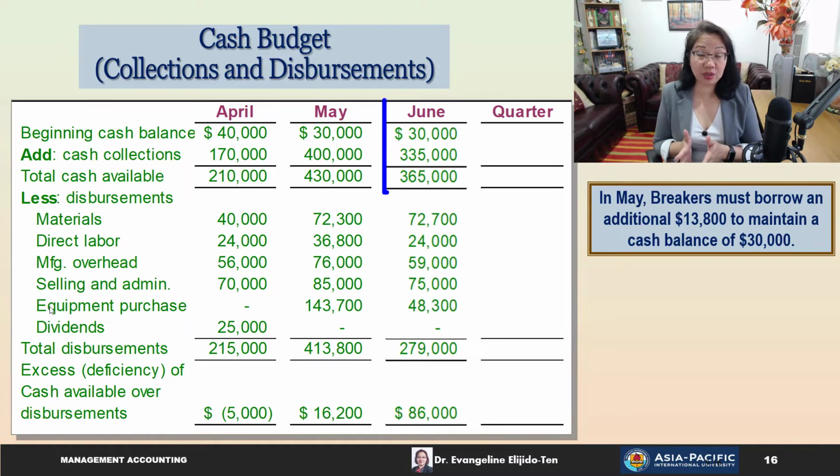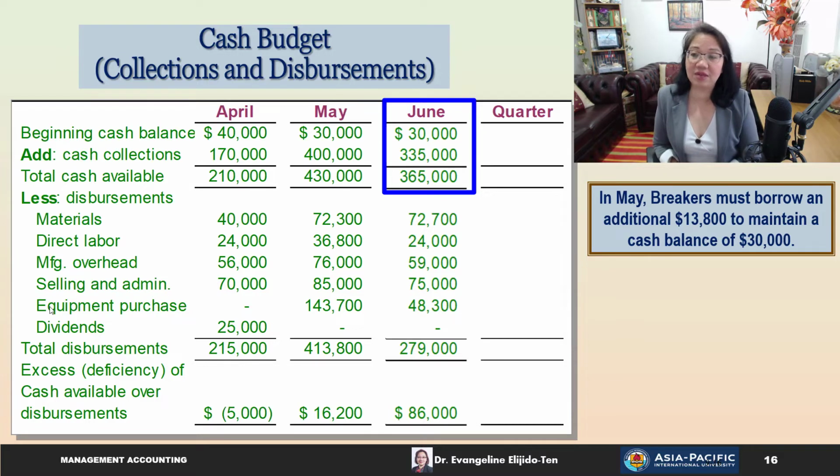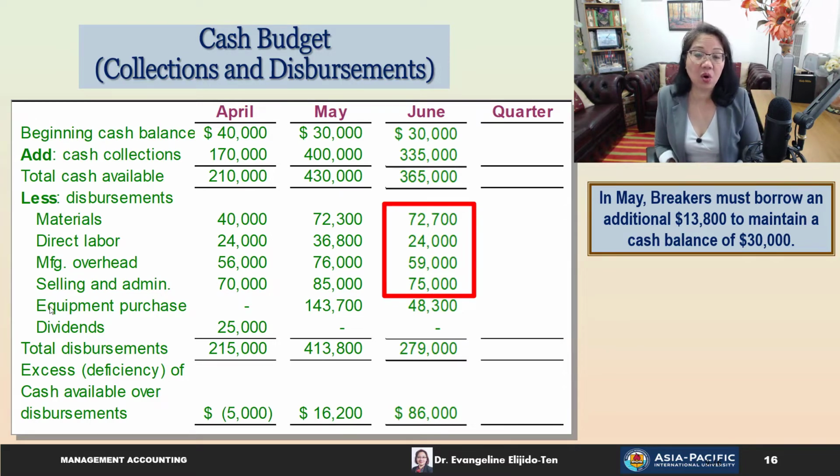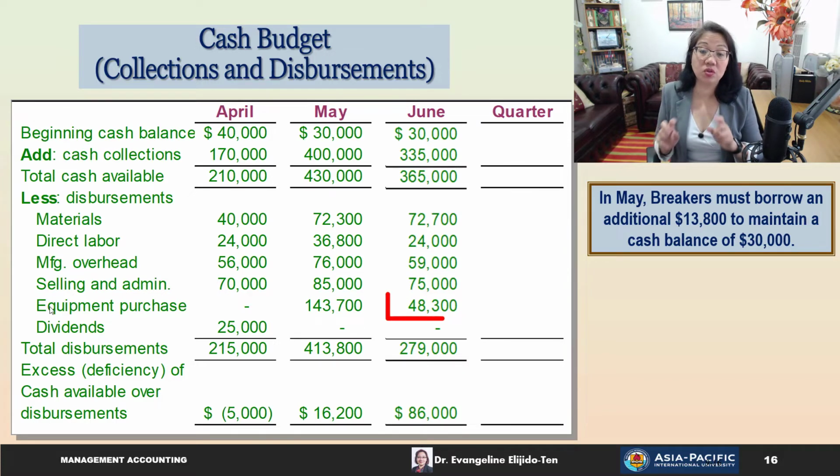Now for June, we'll do the same. So $30,000 again will be the beginning cash balance because that's the minimum. Then we add the collections, giving us $365,000. And again, we'll get all those figures from detailed budgets for materials, direct labor, manufacturing overhead, and selling and administrative expense. And we'll also have equipment purchase for June, 48,300.